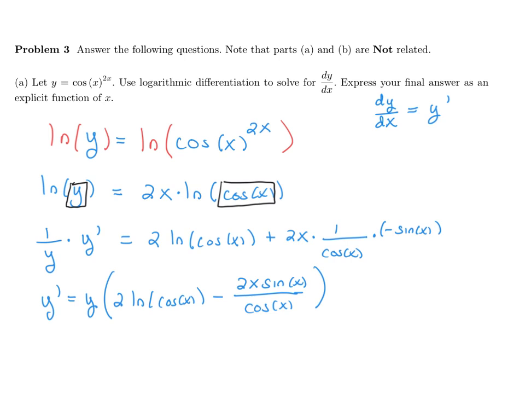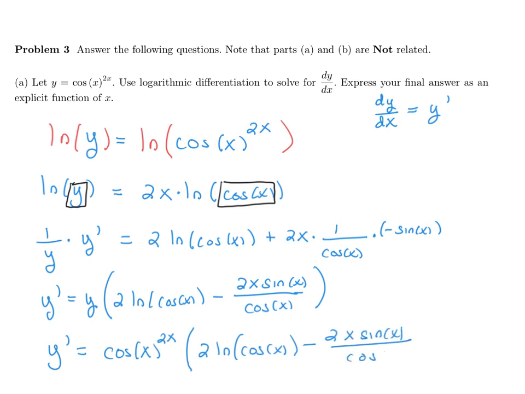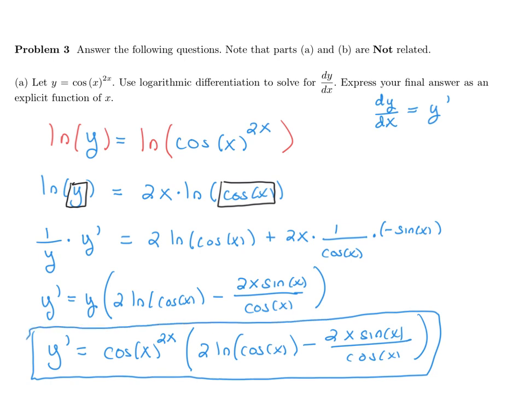So we have that the derivative y prime is equal to, again, y is cosine of x to the power of 2x, and that is all multiplied by 2 times the natural log of cosine of x, minus 2x sine x, all divided by cosine x. And again, if you'd like, you could also just put this as 2x tangent of x. But this last thing I wrote here is the derivative of y. It is expressed as an explicit function of x, and that completes this problem.